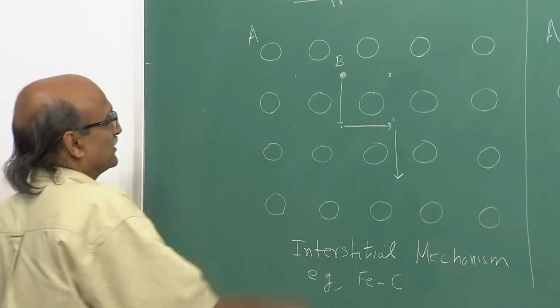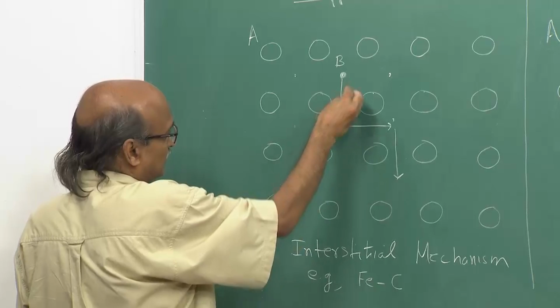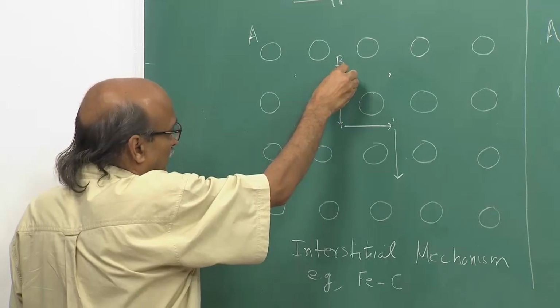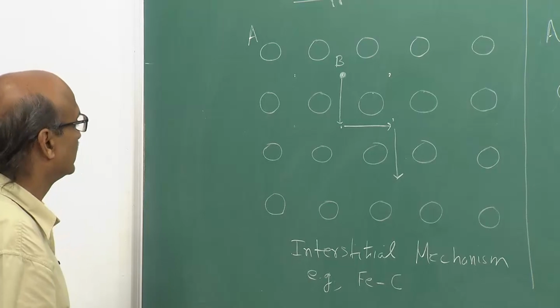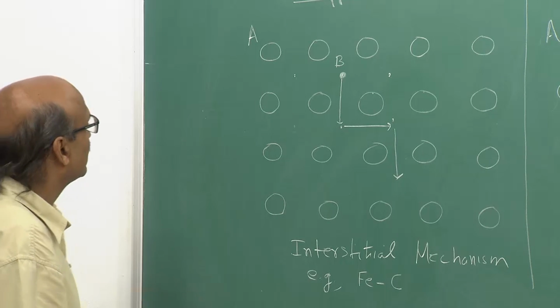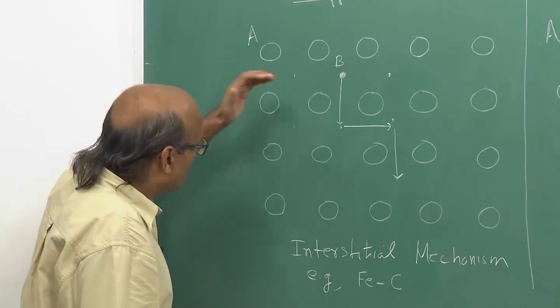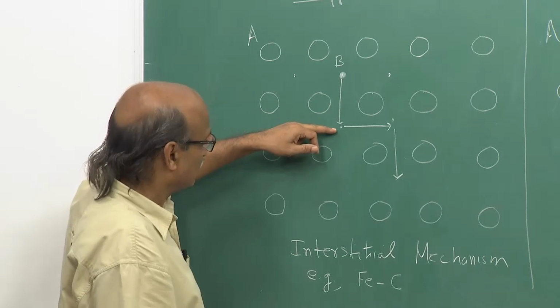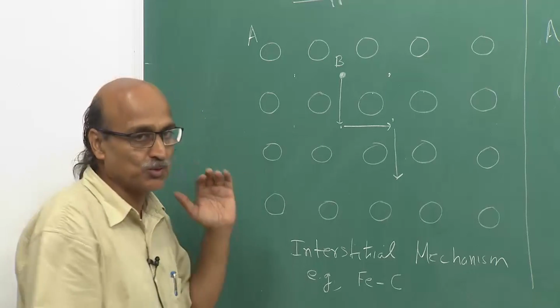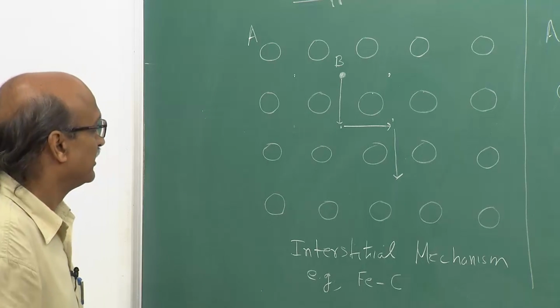In order for this atom to jump, it has to squeeze through the two neighboring atoms, and therefore there would be an energy hill for this atom to migrate from this location to this location. So, it still has to climb an energy hill.